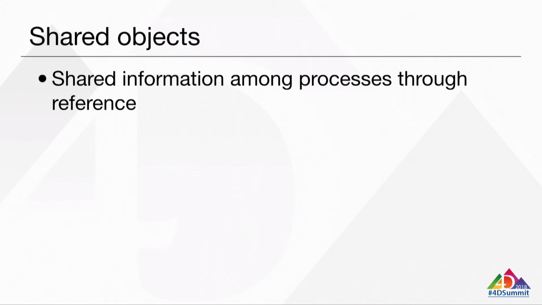Once the last one's gone and the count is 0, 4D knows that it needs to dispose of that shared object. So we actually thought about this, and you never have to worry about creating some kind of memory leak when you deal with a shared object.